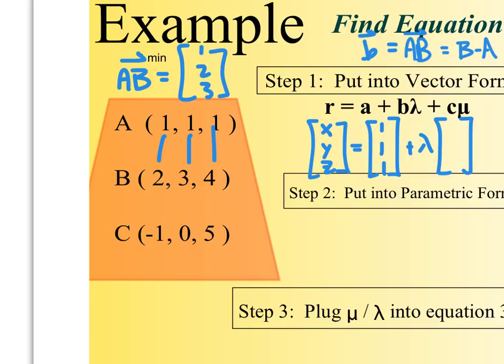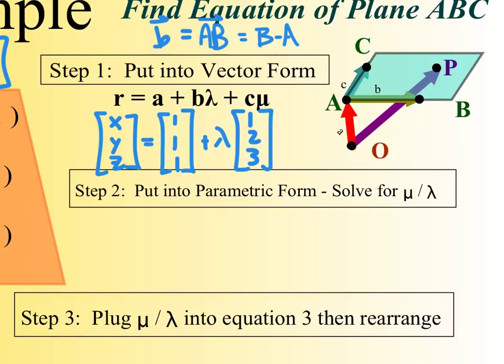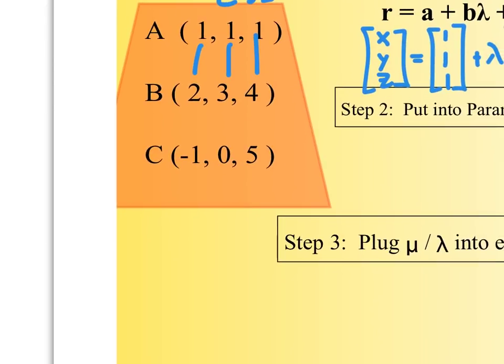That's fair enough. Vector AC, let me write those in here. 1, 2, 3. Vector AC will be all of C minus all of A. Let's do that.